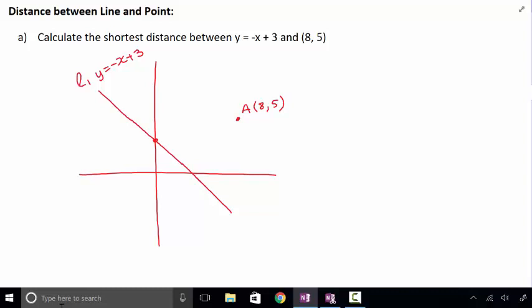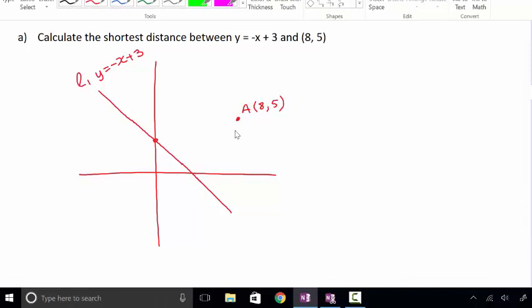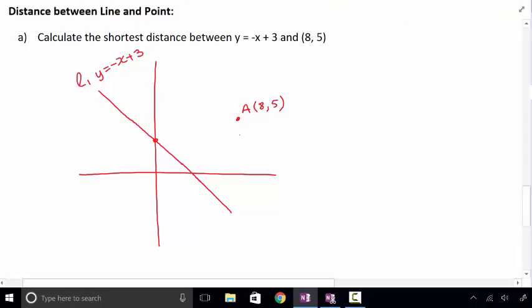Now it's getting longer. So the shortest distance looks like it's going to be somewhere around here.